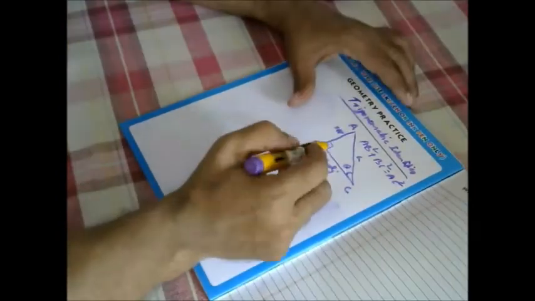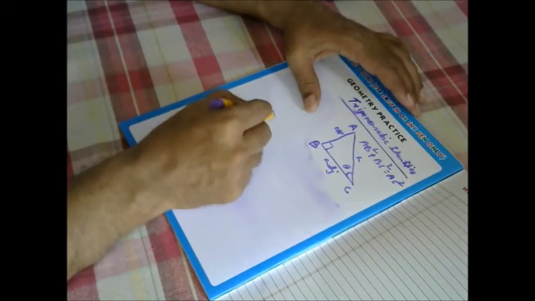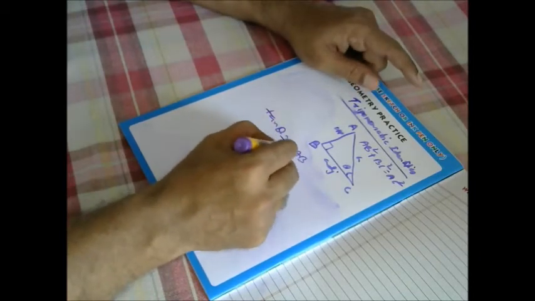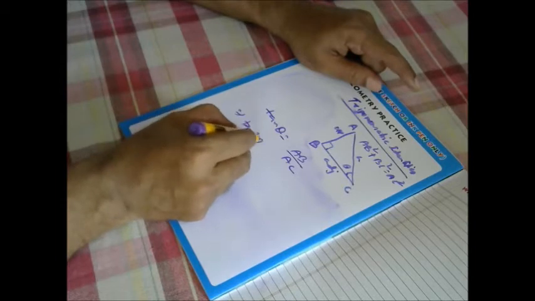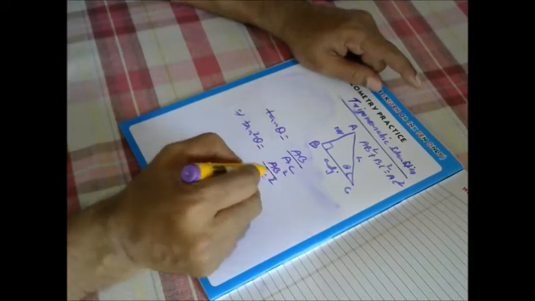Tan theta is opposite by adjacent, AB by AC. Then tan square theta is AB square by AC square.